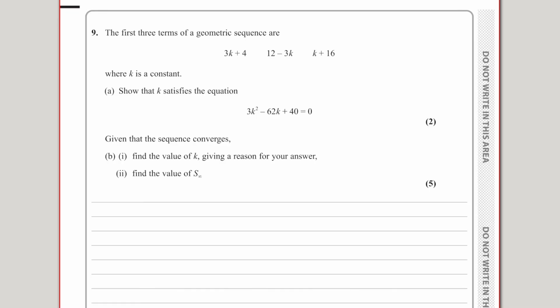So that means 12 minus 3k over 3k plus 4 will be equal to the common ratio. So dividing the second term by the first term will get us the common ratio, and that's going to be equal to the third term, k plus 16, divided by the second term, which should also be the common ratio.